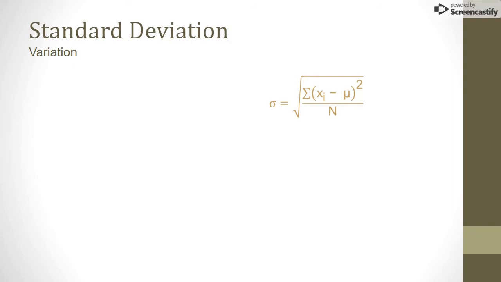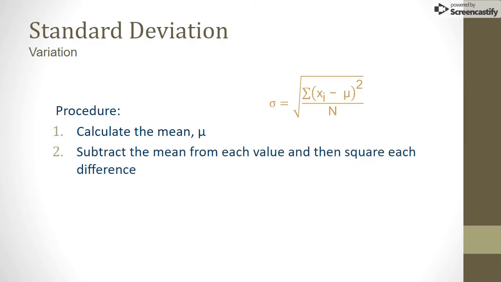This complicated formula becomes a bit easier to understand when it's broken down into steps. First, calculate the mean, or mu. Next, subtract the mean from each data value in your set, and then square each result. Then, sum all the squared differences that you found during step 2.